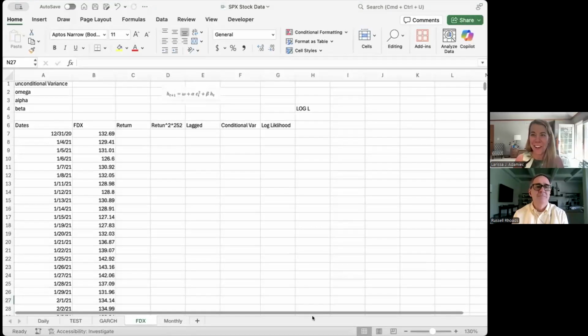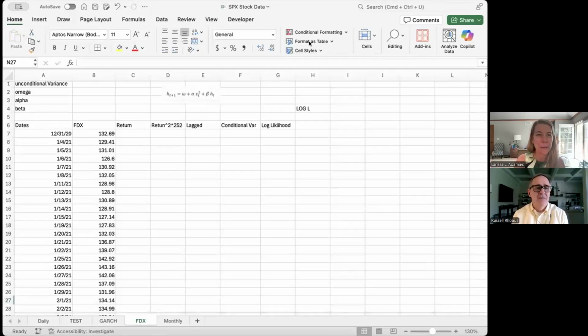Okay, so what we did before was we looked at historical volatility. Now we want to have a model and say, what is the volatility tomorrow? Okay, so let's take a look. And if you're hoping that we do some optimization and we use a log likelihood function, you are in store for today. This is your lucky day, my friends.